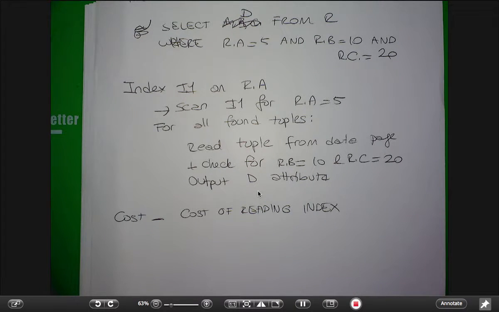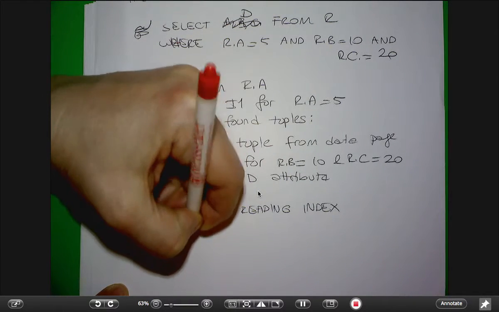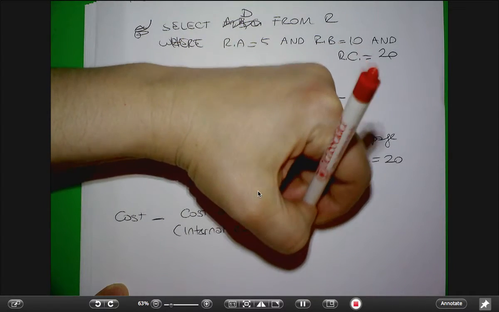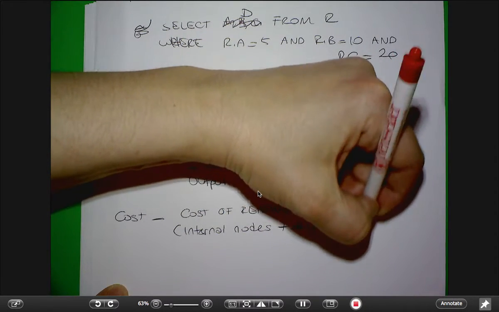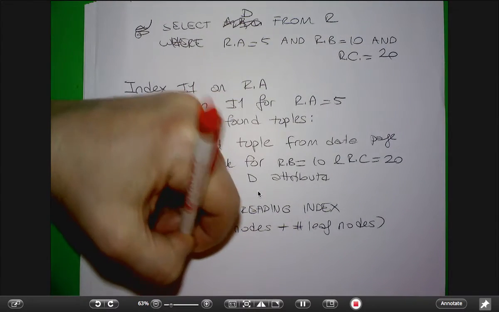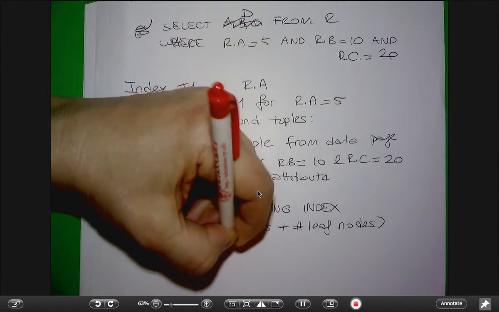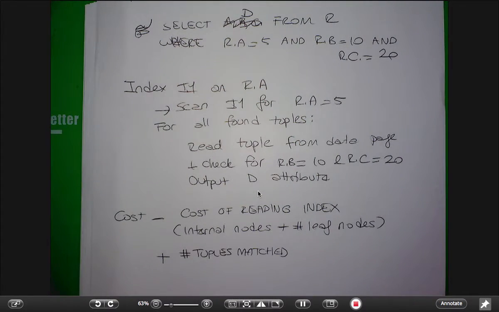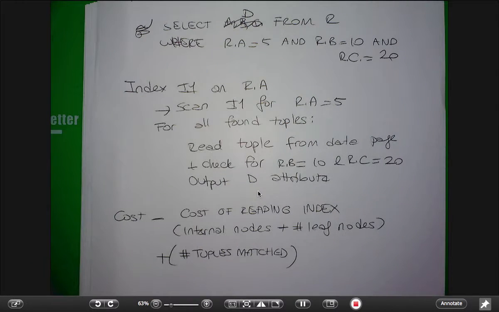So you have some internal nodes and some number of leaf nodes, as many as it would take to read this index. Then, for every tuple matched, you are going to read a data page, right? So plus the number of tuples matched. You're going to read a disk page for every single tuple that is matched.